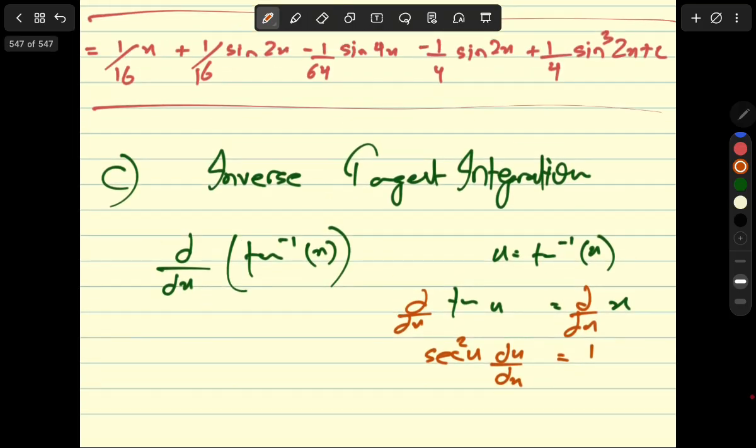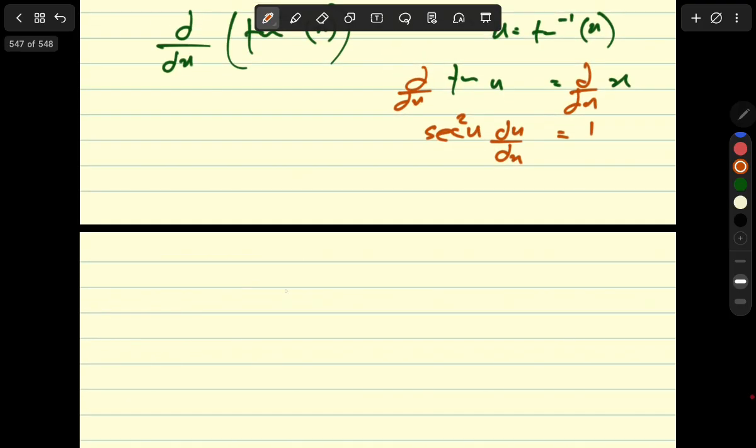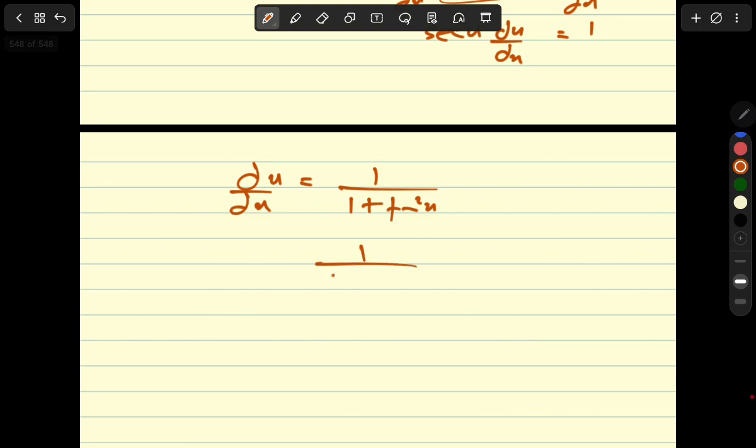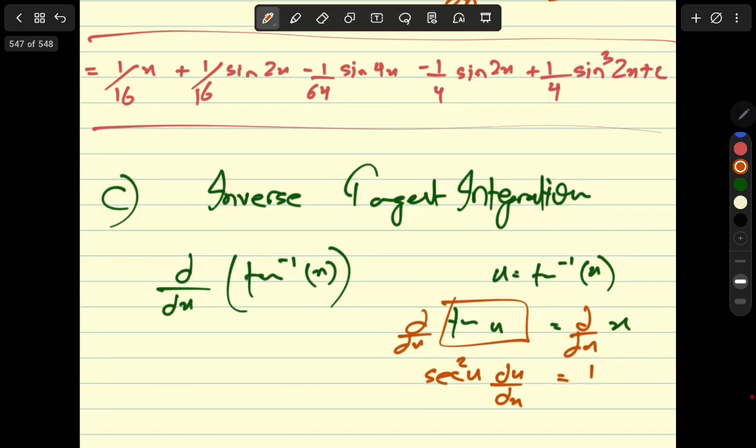Now du by dx is going to become 1 upon sec square u, or 1 upon 1 plus tan squared u. Now tan squared u is nothing but x squared, so I'm going to put 1 upon 1 plus x squared, and du over dx is nothing but d upon dx of u. u was what? u was tan inverse of x, as we saw here.